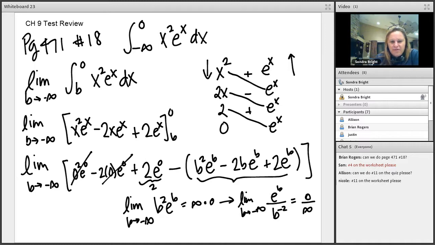Taking the derivative of this, now doing L'Hopital's rule, I'm not a fan, but whatever. The derivative of e to the b would be e to the b, times the derivative of b, which is just 1, over negative 2b to the negative 3. Is that helping at all? No, it's not. So maybe I shouldn't have done it that way.